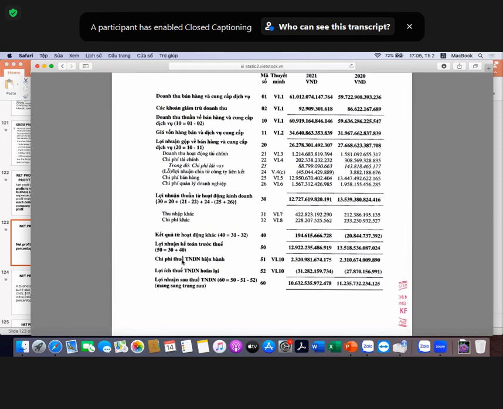Not code 30. It is 60. Yes, it has code number 60. Okay. So in this case, we have to take the figures from code number 60, dividing by the figures from code number 01.